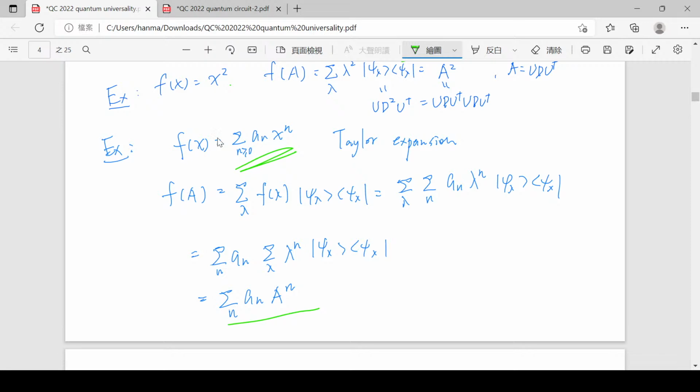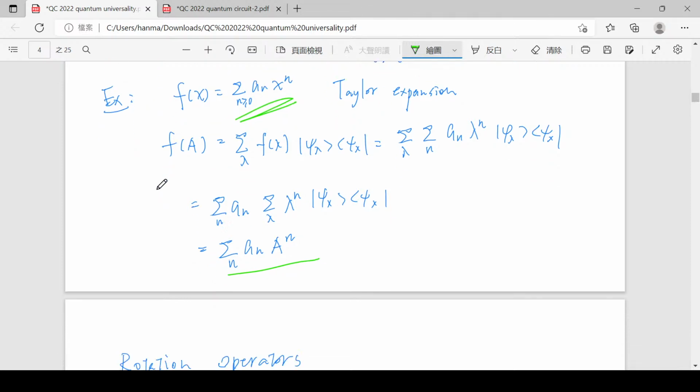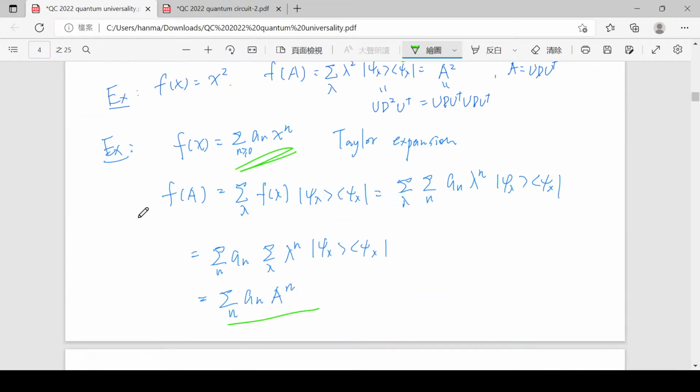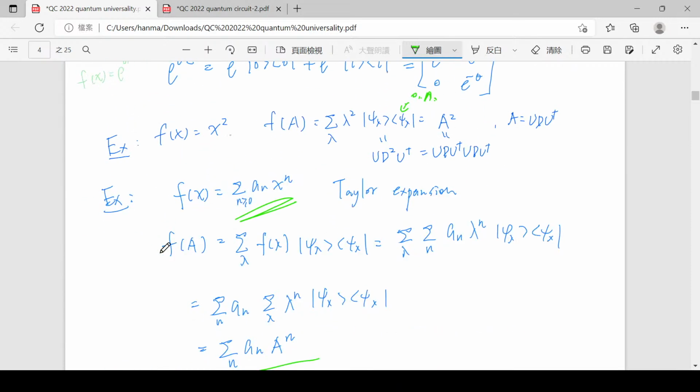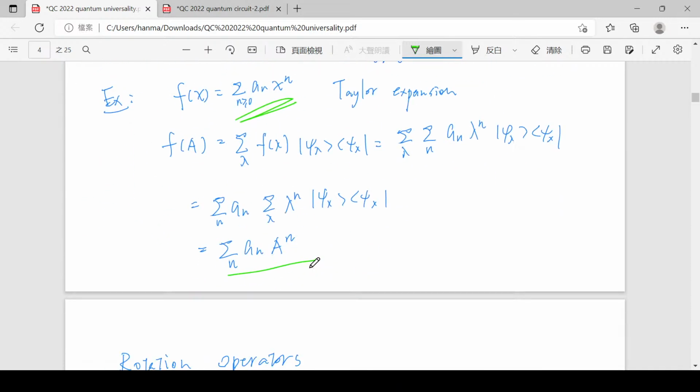You can just do the Taylor expansion of your function f and do this calculation, but swap x with A, and you get the same result. So that's really nice. And this means that our definition makes a lot of sense, because it seems natural of what should happen when you generalize the function to matrices. You will do a very similar calculation on your matrix.